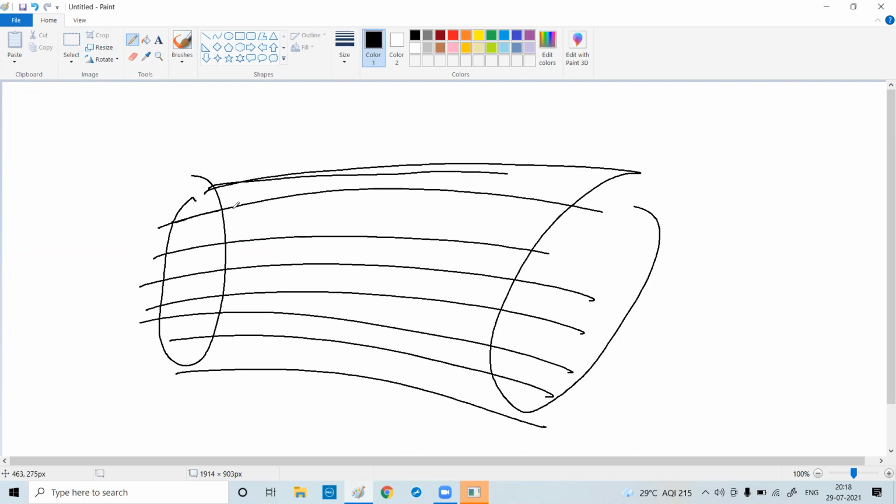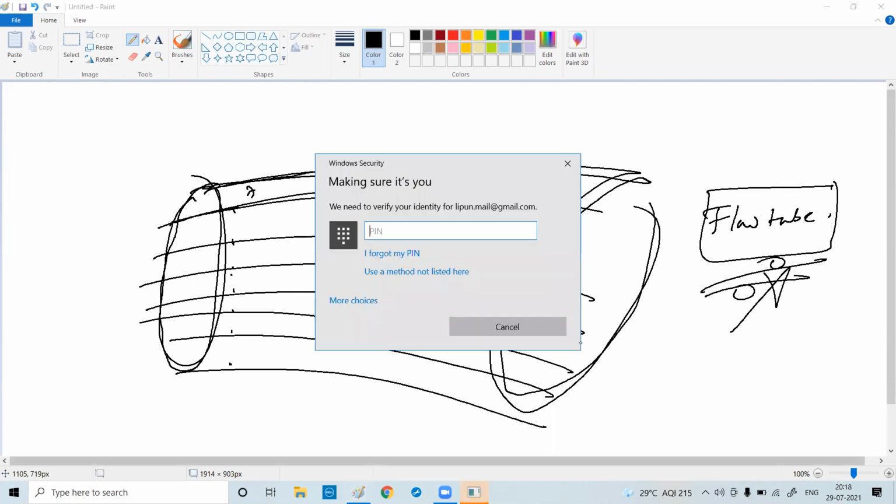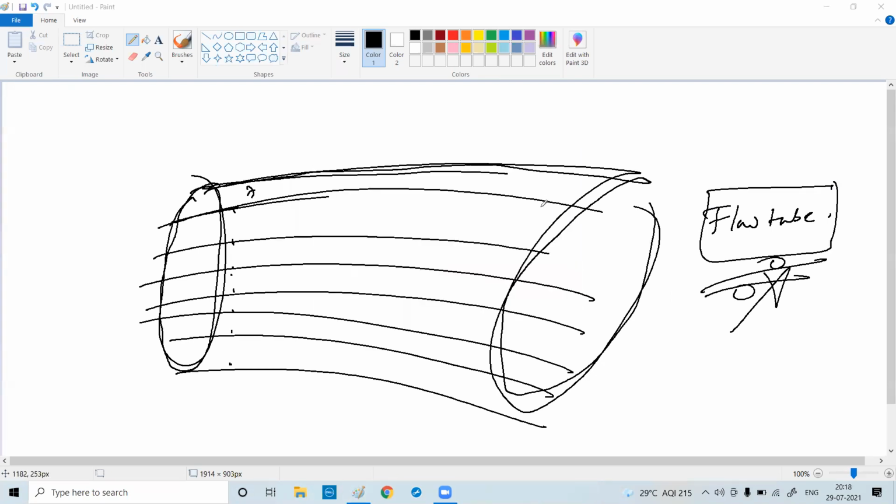If you are taking these 1, 2, 3, 4, 5, 6, 7 flow lines, the one which encloses the 7 flow lines is called a flow tube. Is it clear to all of you? Very, very important.